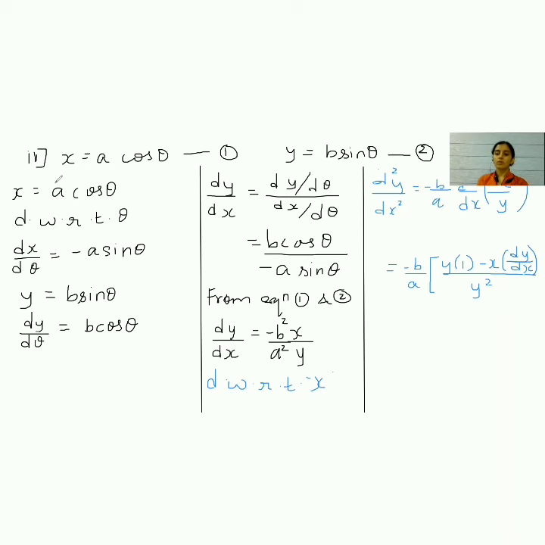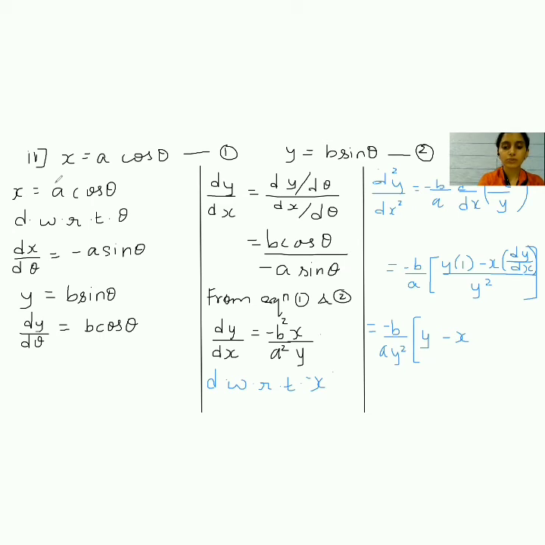Now we can keep the y square outside, so we get minus b upon a y square outside for now. First term is y minus x. What is the dy by dx value?